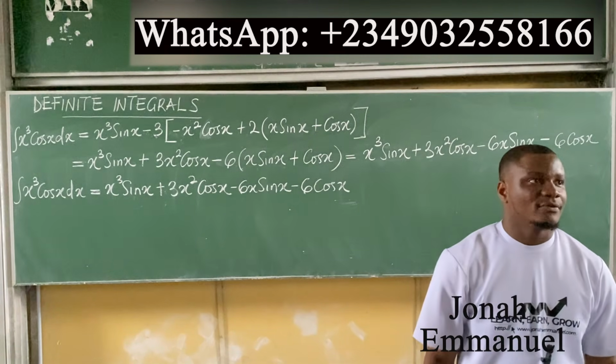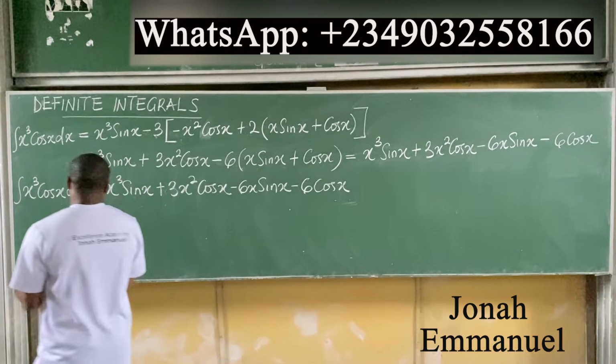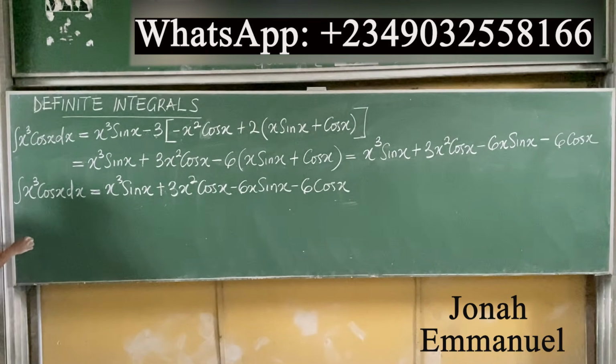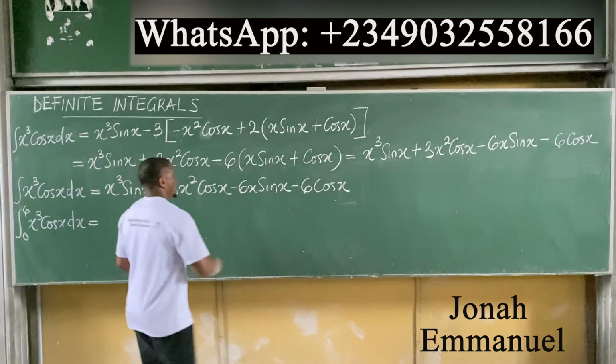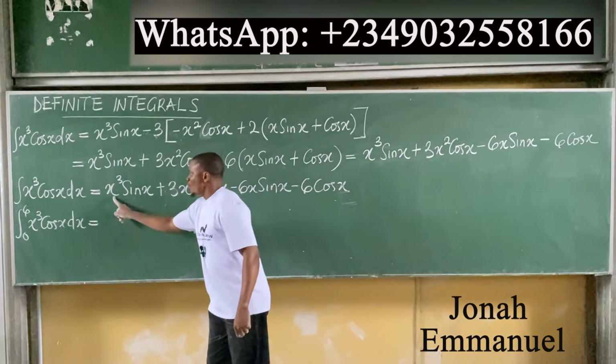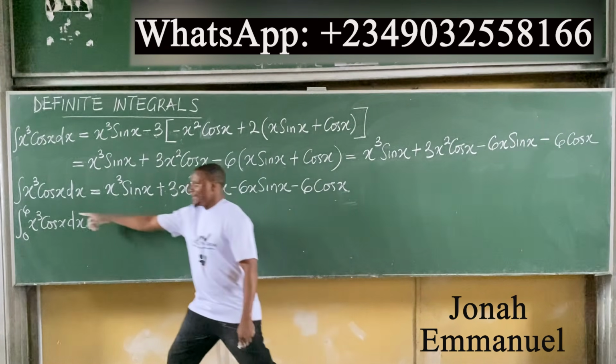Limit. So listen, if you now put this as the integral from 0 to 6 of x cubed cos x dx, how do you solve this? It's simple. In this question, wherever I see x, I'll put what there?